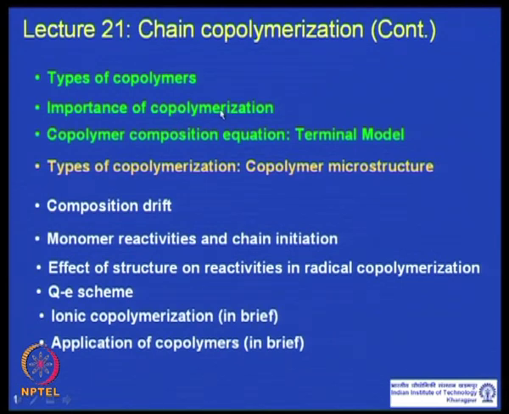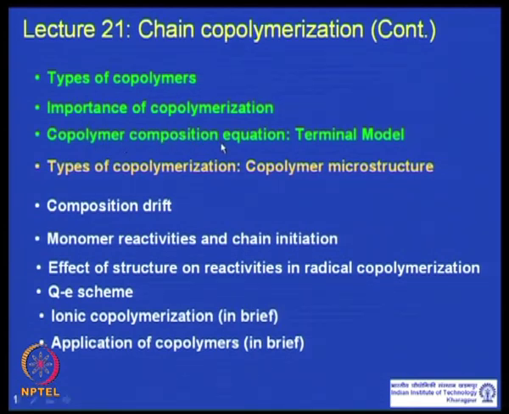And then we talked about the importance of copolymerization in the last lecture, how we can improve the property of an existing homopolymer by introducing another comonomer in the polymer.